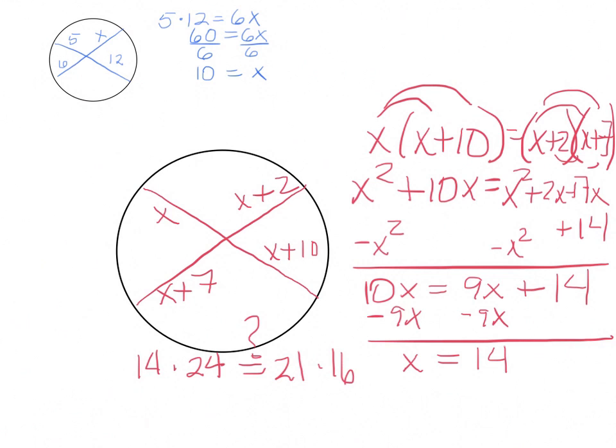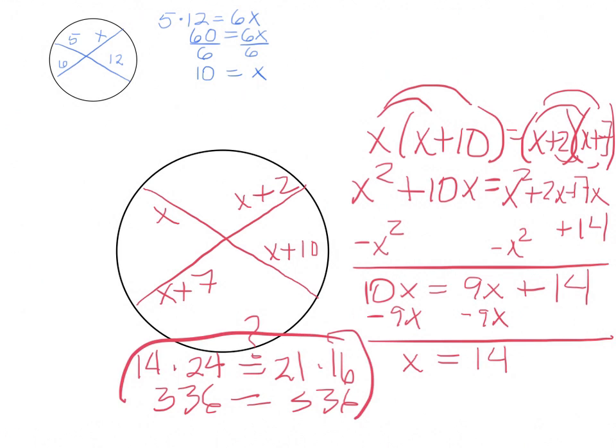And when we multiply that out, 14 times 24 on a calculator is 240 and 96, so it's 336. And 21 times 16 is 210 plus 126, which is still 336, so it checks. So this is how you can check your answer, by plugging back in and then checking with the theorem.